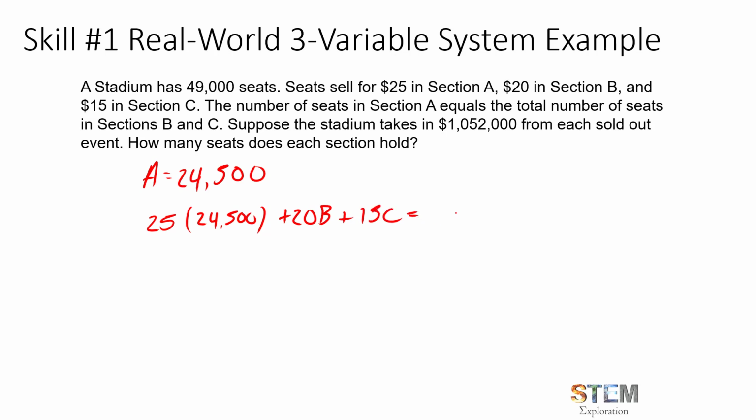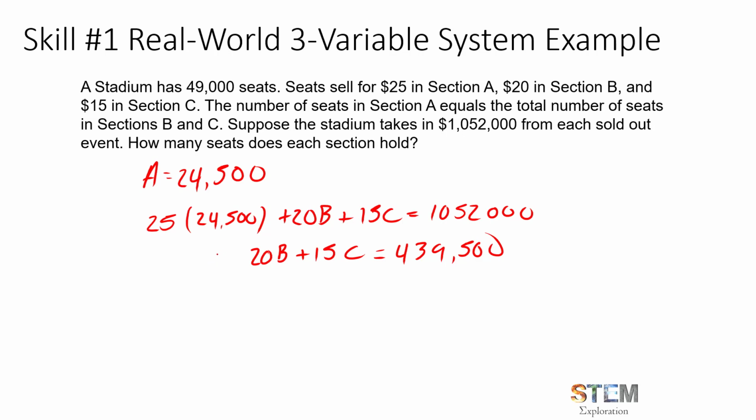This would equal my 1,052,000. And with a little bit of rearrangement, I could get that 20B plus 15C, if you multiply these together and subtract it to the other side, you'll get 439,500 as a new equation.